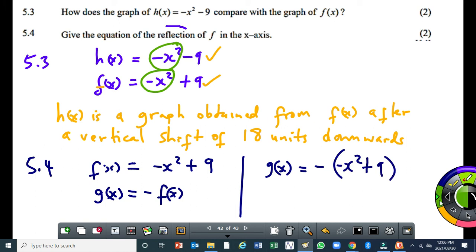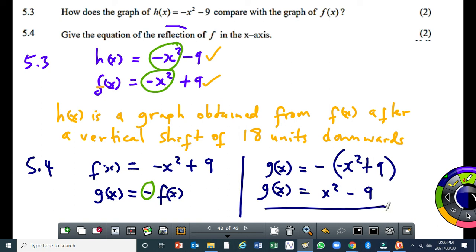This minus here indicates reflection, which causes the change in the sign of the y value. The x value remains the same. So the new equation, which I call g of x, is going to become x squared minus 9. So if you reflect the graph of f, you end up getting x squared minus 9.